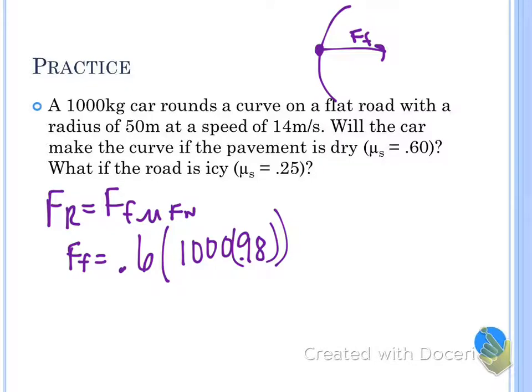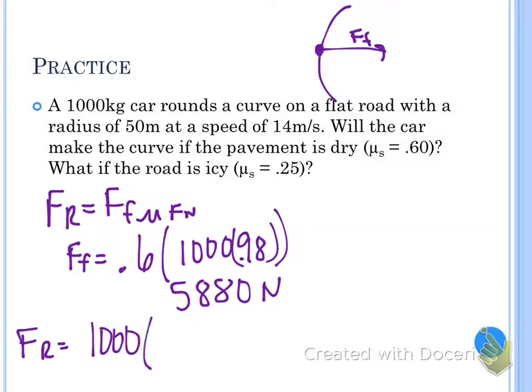Okay, so what do we get for our frictional force? $5,880. Okay. So our net force now, our centripetal force, is mass times v squared over r.